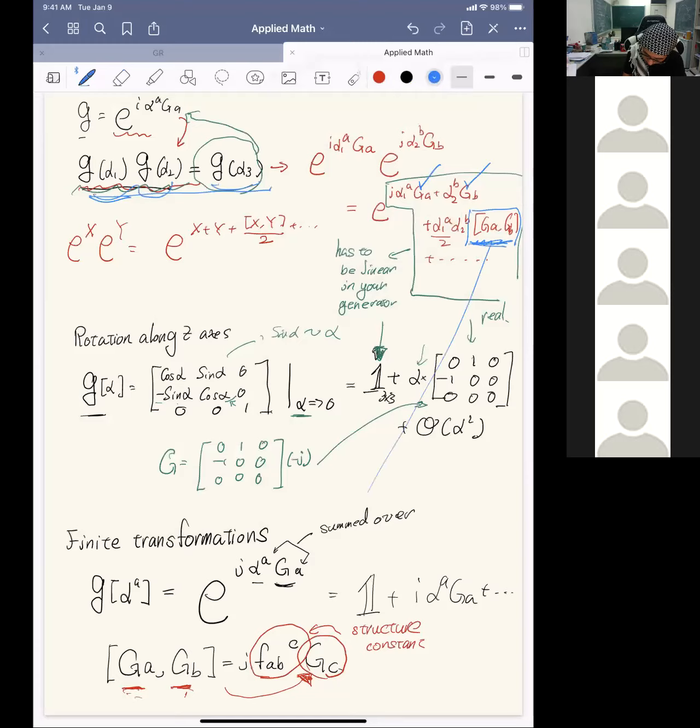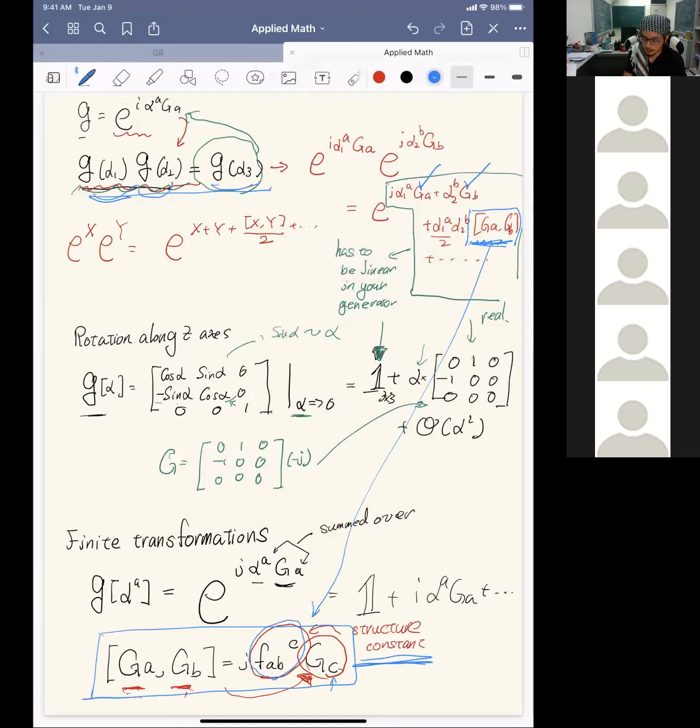So that's why we have this formula. The commutator of two generators can be linearly represented by my generators, and the linear expansion coefficient is what we call the structure constant.